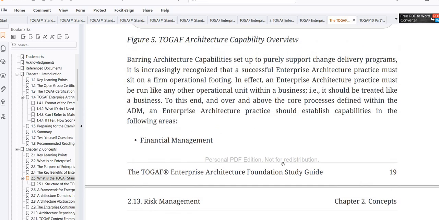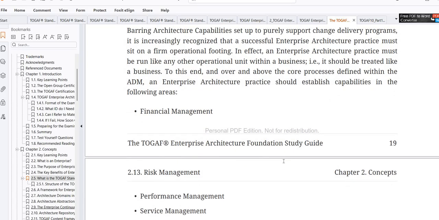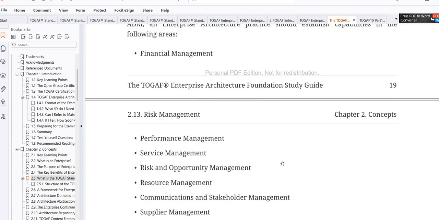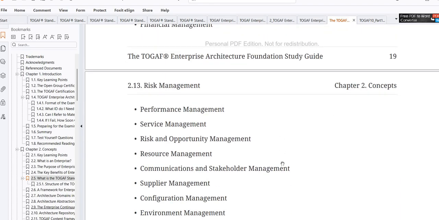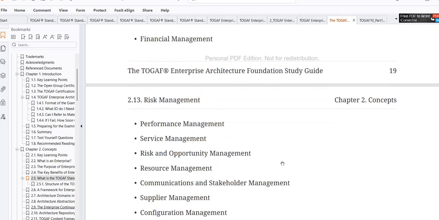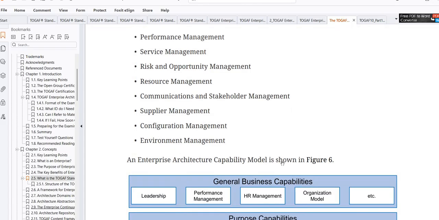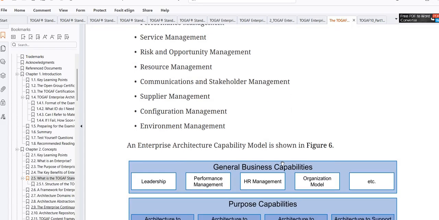So here, the architecture capability should establish capability in the following areas also: financial management, performance management, risk management, risk and opportunity management, communication with stakeholders, supply management, configuration management, and environment management.